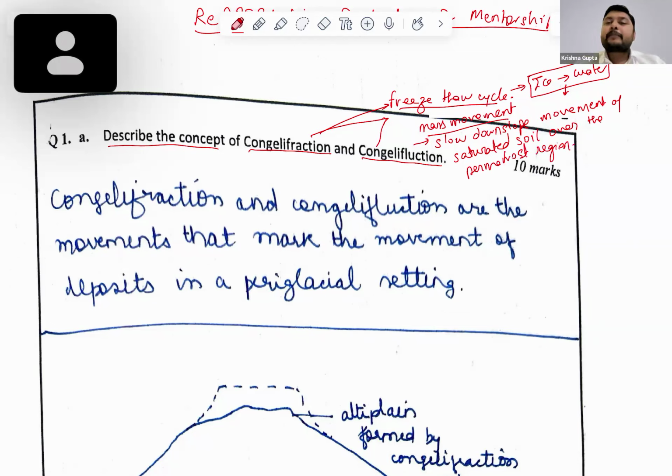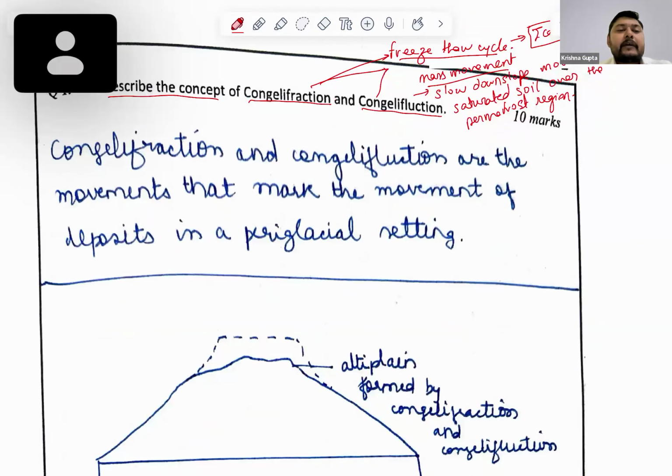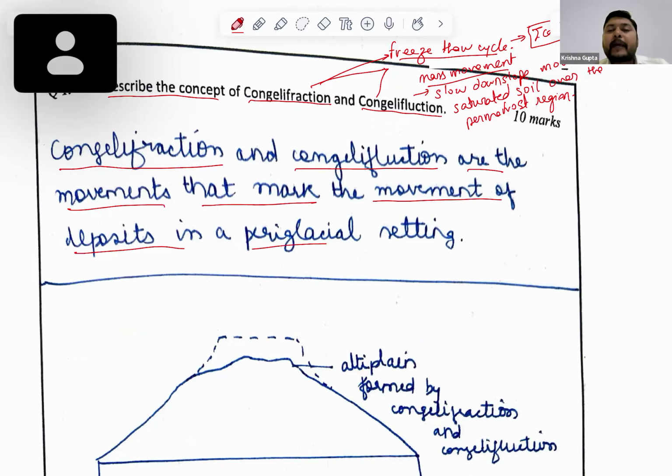This is the basic part which we need to discuss in this question. So congelifraction and congelifluction are the processes that mark the movement of deposits in the periglacial setting.